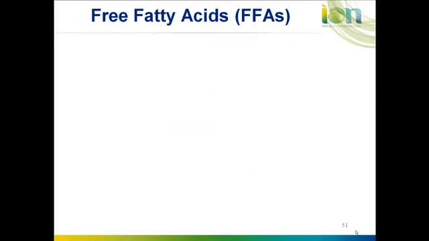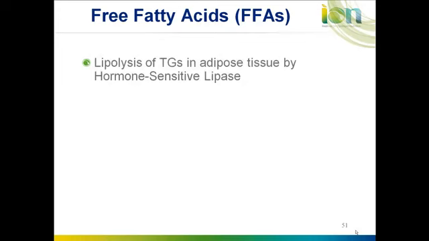Free fatty acids. So triglycerides are used to transport and store fats. But when we want to oxidize fats to release their energy, they're in the form of fatty acids.